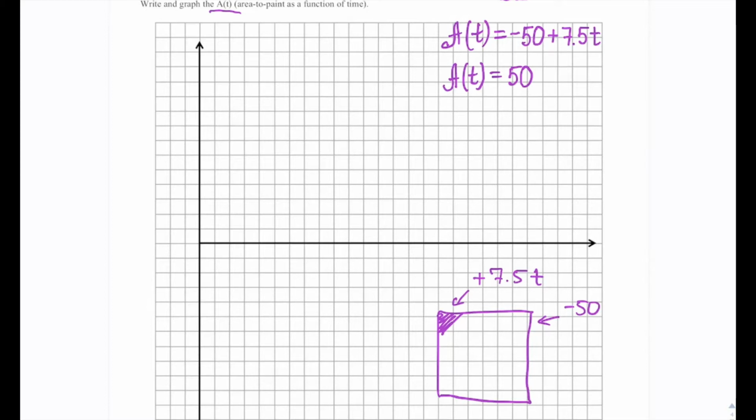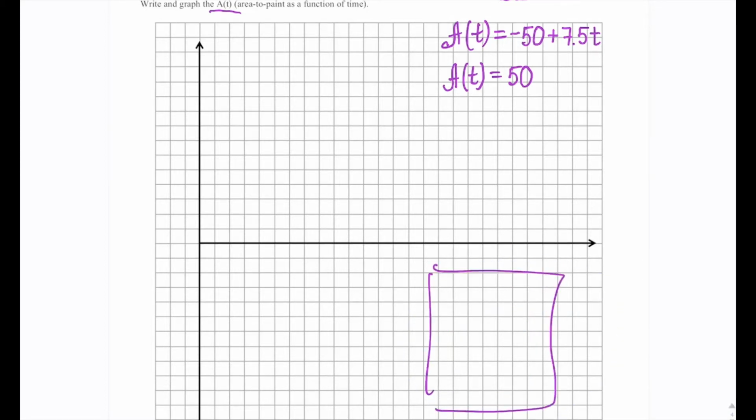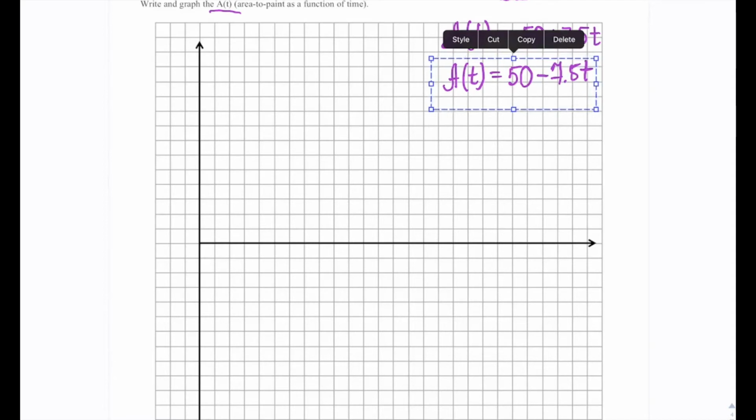My other view of this is going to be, here's my area, which I consider to be 50, and then minus this area that is already painted. So whichever you prefer, it's up to you. Either way will work. It's just the way you graph it is going to be different.